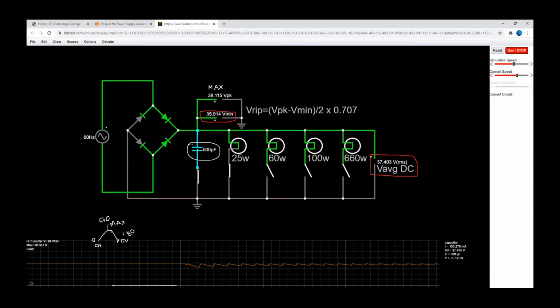Over time the capacitor discharges through the load, but before it can finish discharging, it gets recharged again. The minimum discharge voltage for the capacitor in this case will be 35.9 volts.